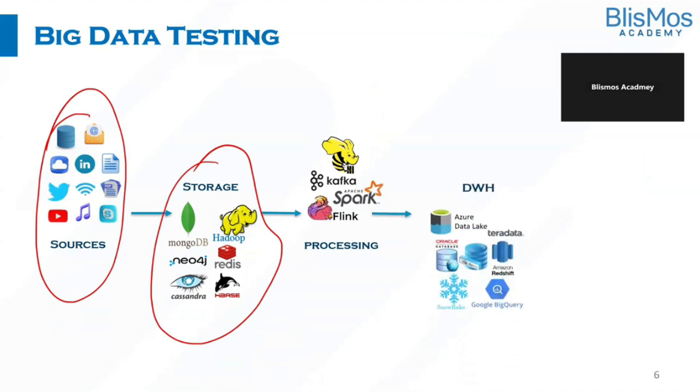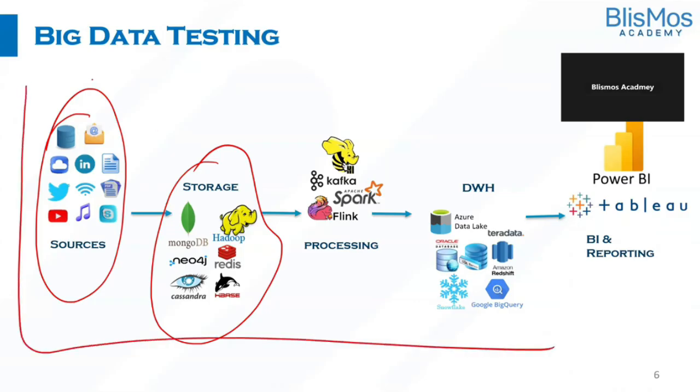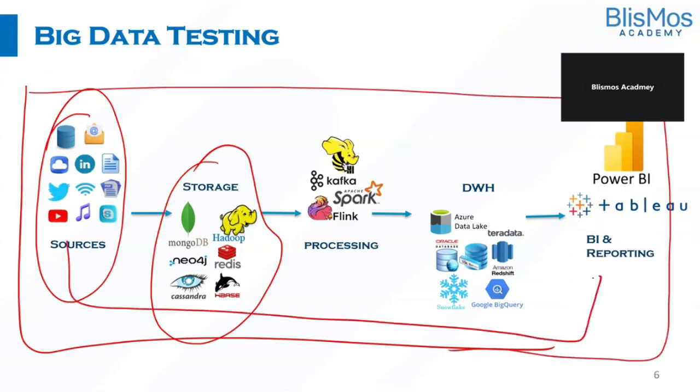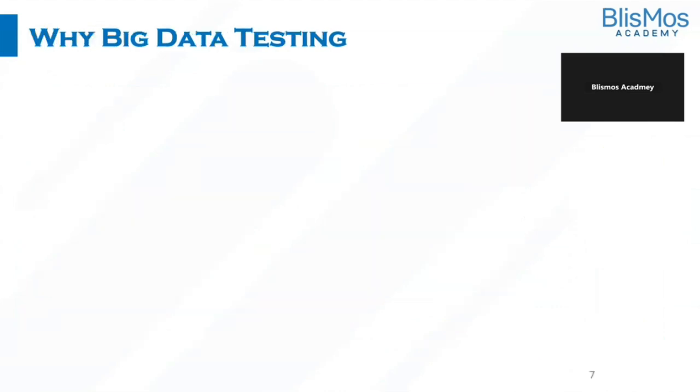It can be Azure Data Lake, within that a dedicated SQL pool, then SQL Server, Oracle, Snowflake. And then that data will be visualized through BI and reporting tools like Power BI and Tableau. So big data testing ensures the validation of the accuracy and completeness of the data from source till the BI and reporting tools.